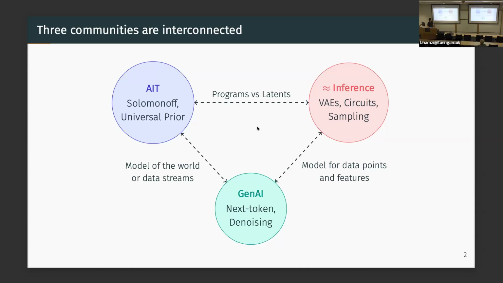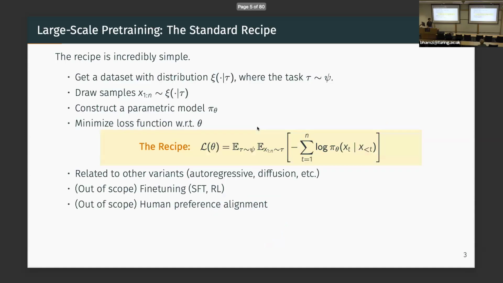And so in the approximate inference field, people are trying to generate data, which is an old approach, I guess, not so old an approach to generative models. But they're not too far away from diffusion models these days. And AIT is obviously trying to infer, given streaming online data, what is most likely the real program that's generating it, or the distribution of programs that can generate the world.